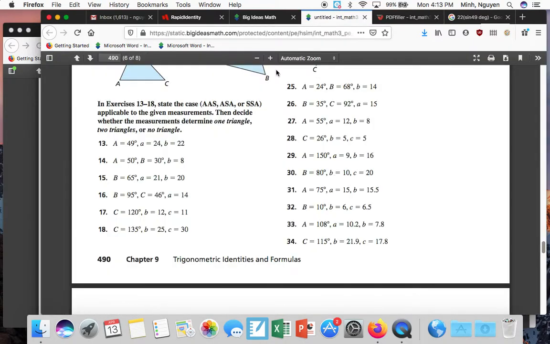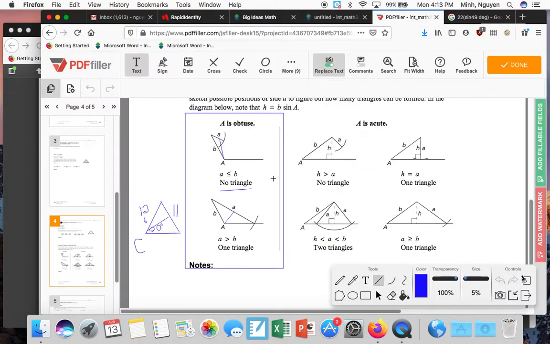So for number 17, this is an SSA and there's no triangle, because the angle given is obtuse and the side across from the angle is less than the other side they gave us to work with. So again, 17 is SSA and no triangles.